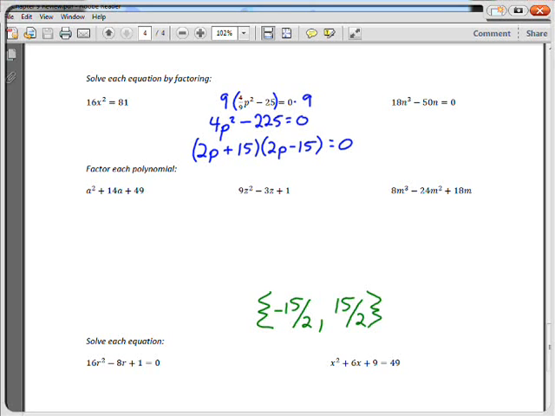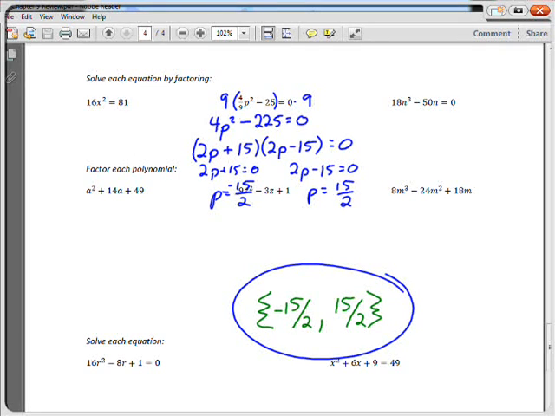And so now I can say 2p plus 15 equals 0, or 2p minus 15 equals 0. On the first equation, I'll get p is equal to negative 15 halves. And on the second equation, I'll get p is equal to a positive 15 halves, which is the exact same thing we got before using the fractions, but I think getting rid of the fractions is just a little bit easier.